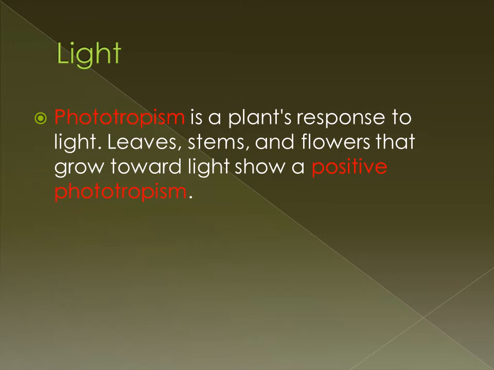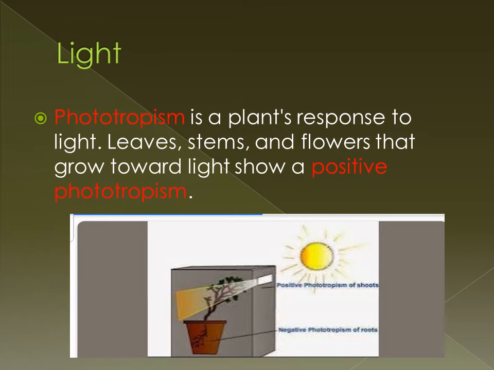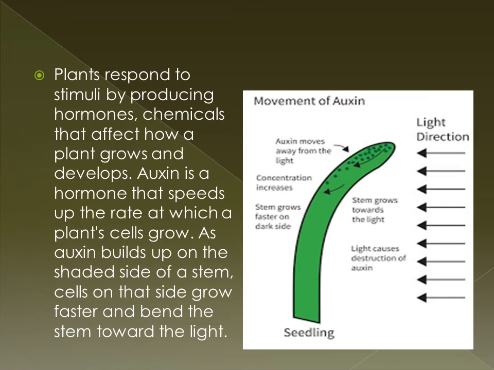Leaves, stems and flowers that grow towards the light show a positive phototropism, growing towards the sun. That's why it is called positive phototropism. But roots show growing against light. That's why here the root shows a negative phototropism.